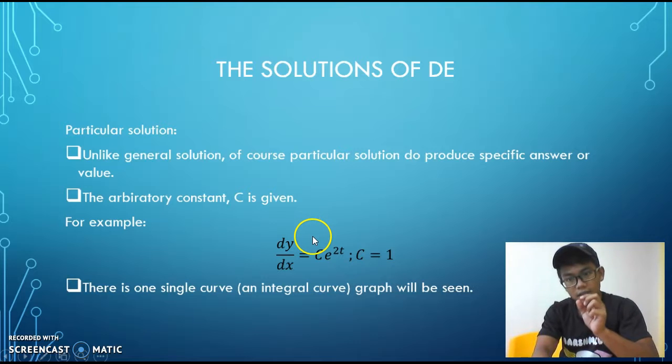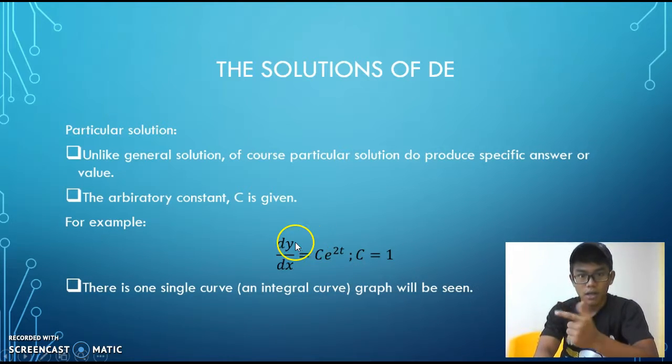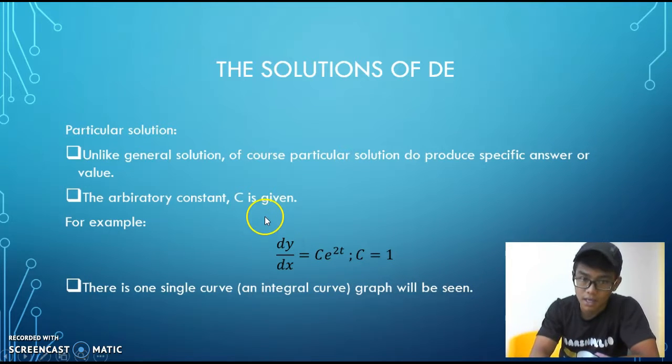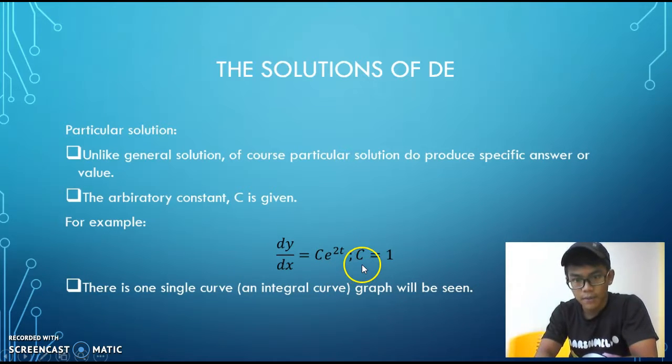The difference between particular solution and general solution is that the value of c is given. So we can look at this example. The example is dy over dx equals c exponent to the power of 2t, and as we can see, c equals 1.